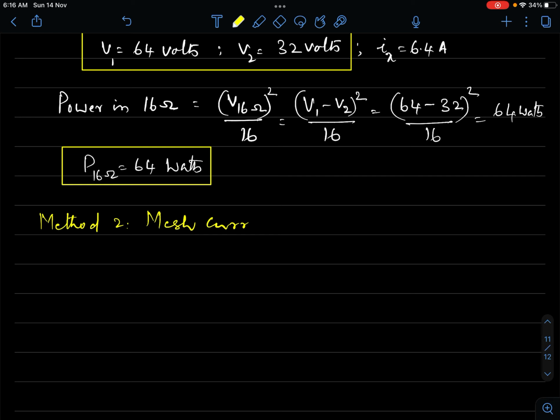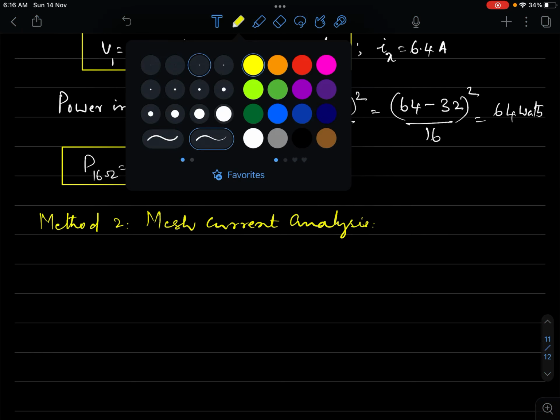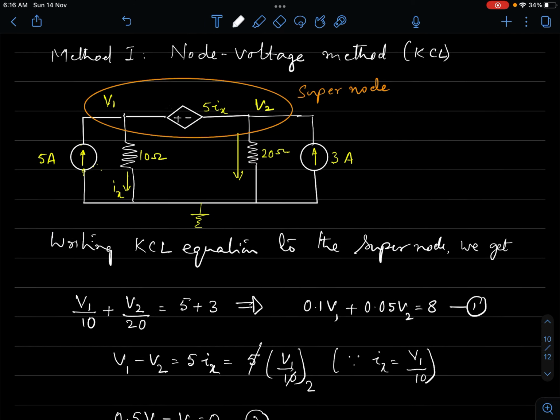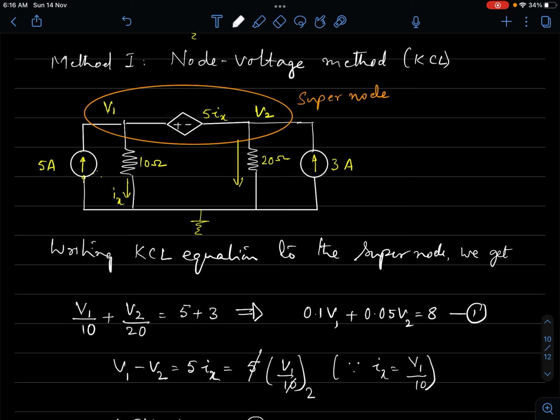Mesh current analysis method. What is the basis for mesh current analysis? It's KVL. That's the basis. So I'll pick up the network, rather the modified network.